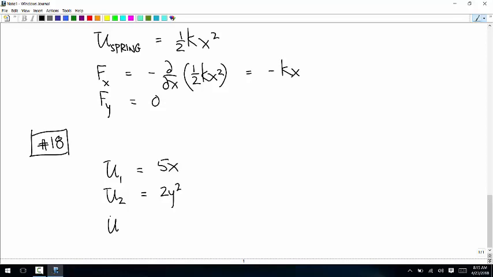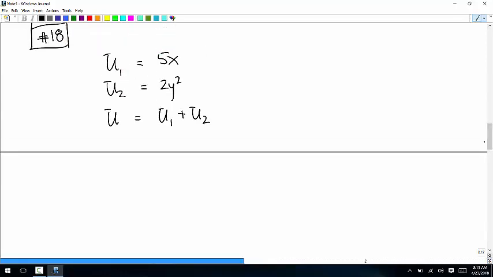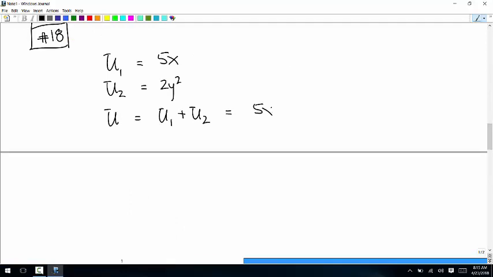Well, the total potential energy function is U1 plus U2. So that's 5x plus 2y squared.